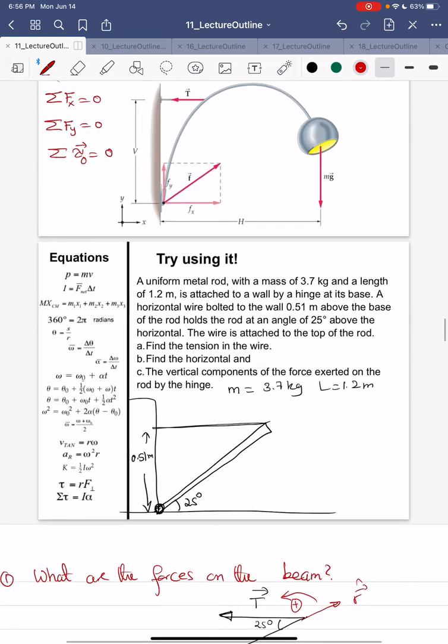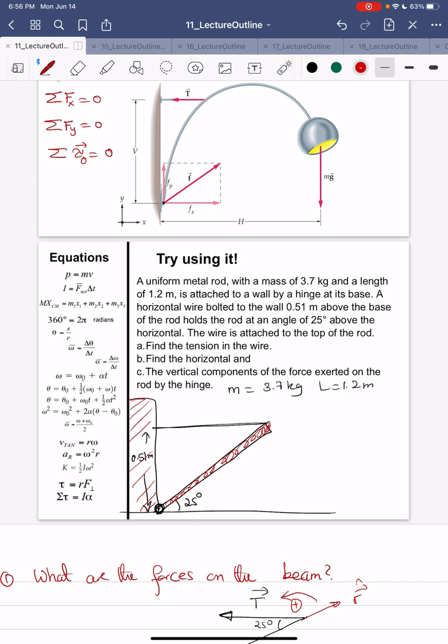Okay, I want you to look at this example where I have a uniform metal rod with a mass of 3.7 kilograms and a length of 1.2 meters, which is this one here. It is attached to a wall by a hinge at its base.